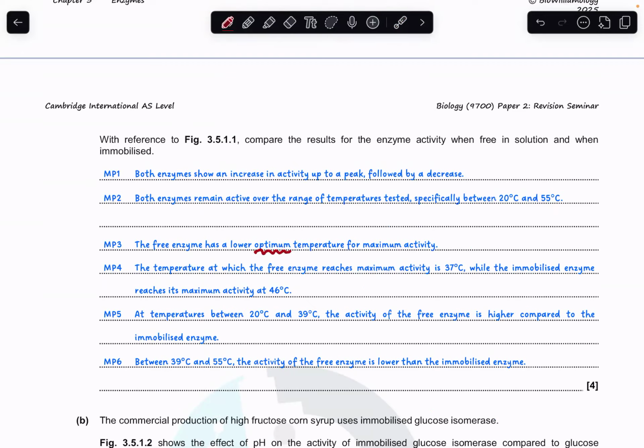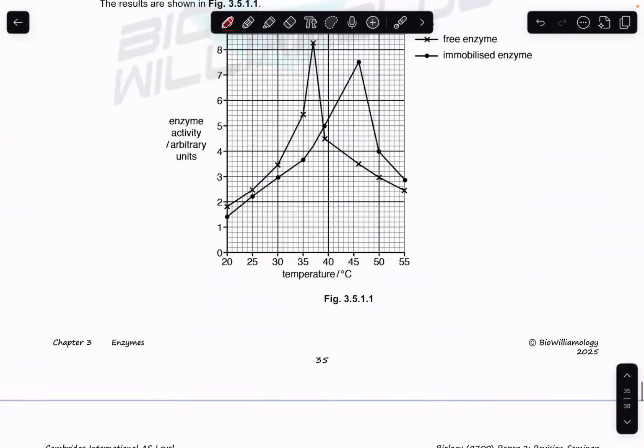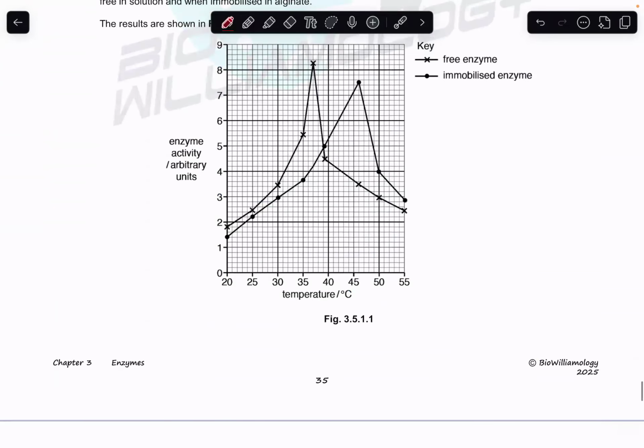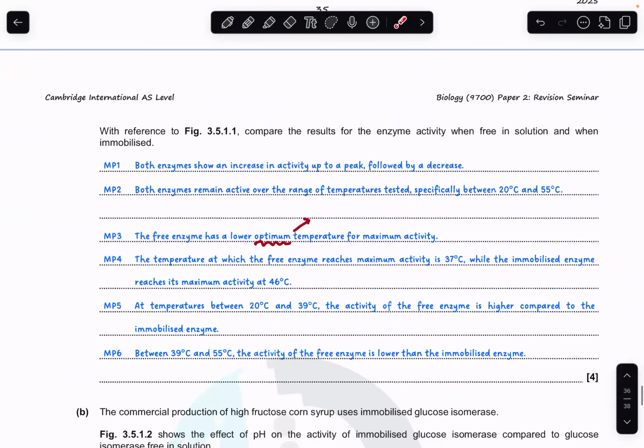Because I didn't quote any optimum temperature value, but based on the graph, we will know that generally, immobilized enzyme will have the higher optimum temperature. So the temperature at which the free enzyme reaches the maximum activity is 37 degrees Celsius. I don't say optimum temperature, while the immobilized enzyme reaches its maximum activity at 46 degrees Celsius.